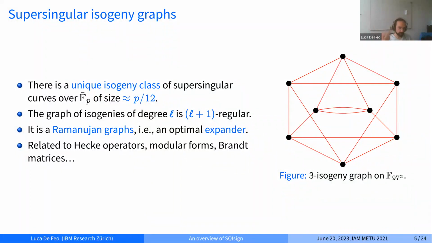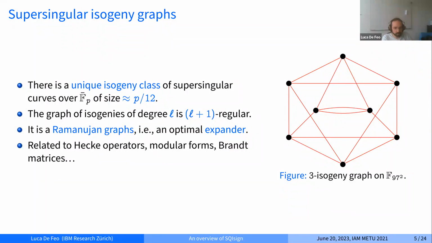And what's very convenient is that we even have a number that lets us classify these isomorphism classes. You may have heard of the j-invariant. The j-invariant is an algebraic number attached to any elliptic curve, such that two elliptic curves have the same j-invariant if and only if they are isomorphic over the algebraic closure.